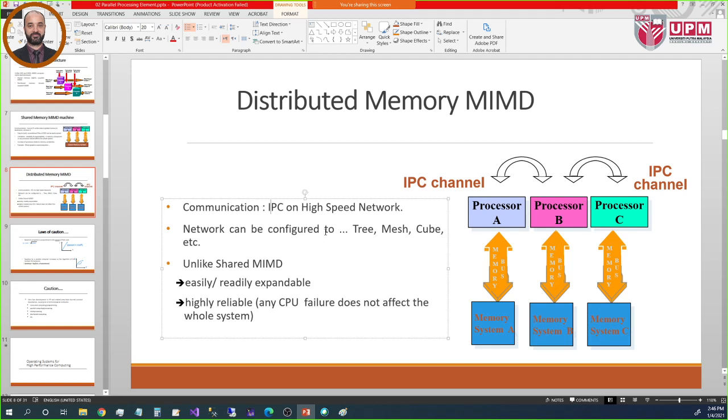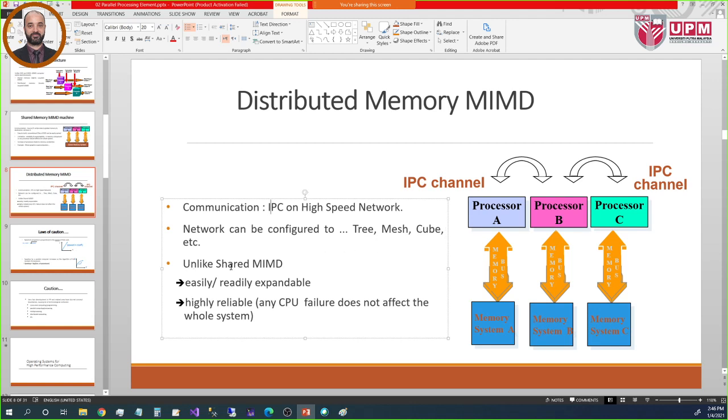The network can be configured as tree, mesh, cube, etc. So the network that connects, I mean the IPC network, could be formed in multiple shapes, like tree style or mesh style or cube or ring or whatever.